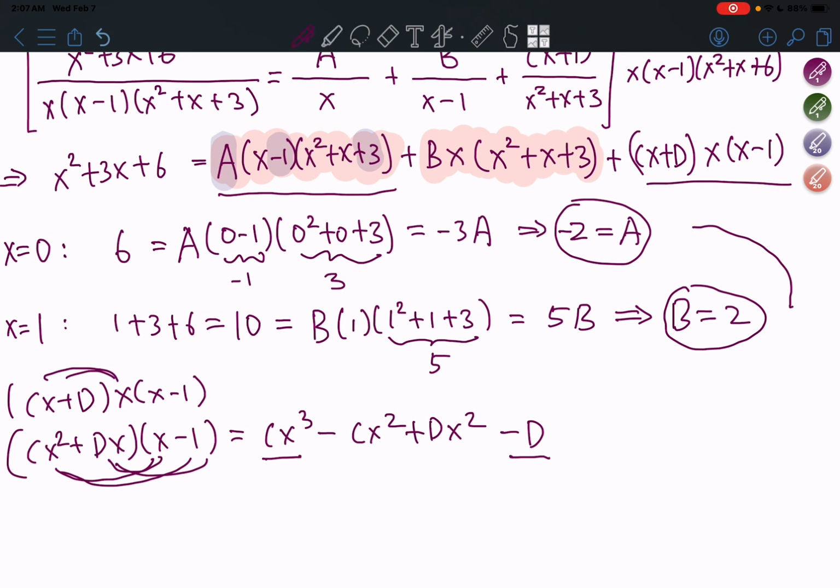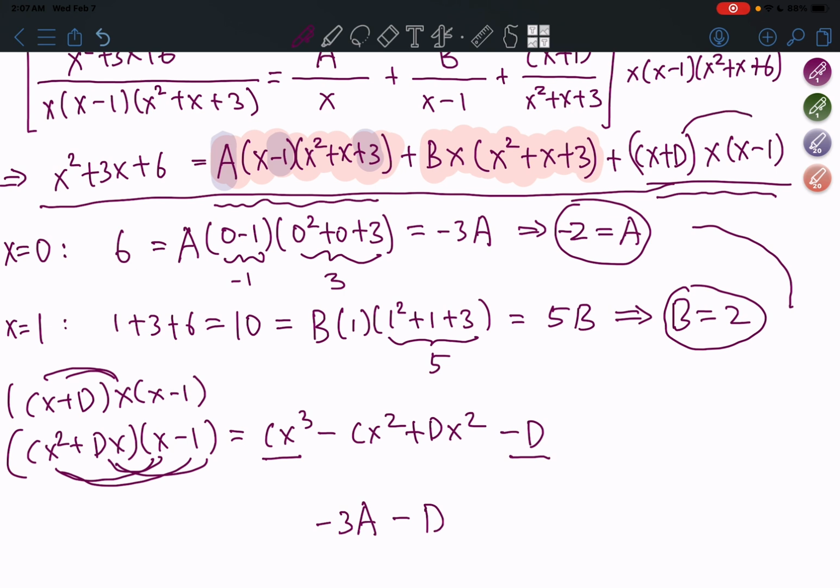So from this big old equation here, the only constant on the right-hand side is negative 3a minus d. The negative 3a comes from here, and the minus d comes from here, this d times negative 1.